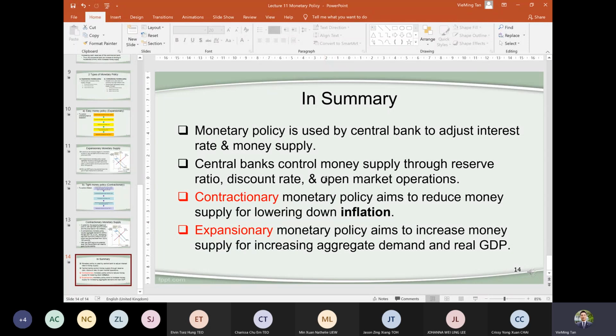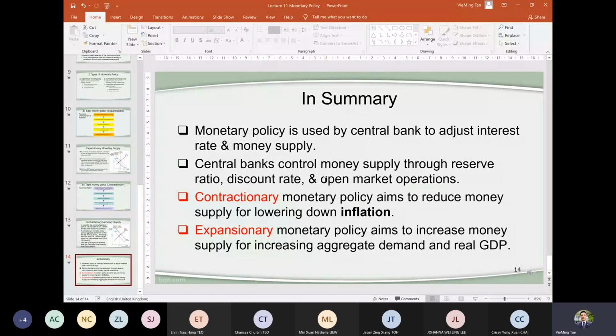By implementing these three tools, this can help to increase C and I, and once C and I increase, this will increase the AD value, and this will influence the GDP in the economy.